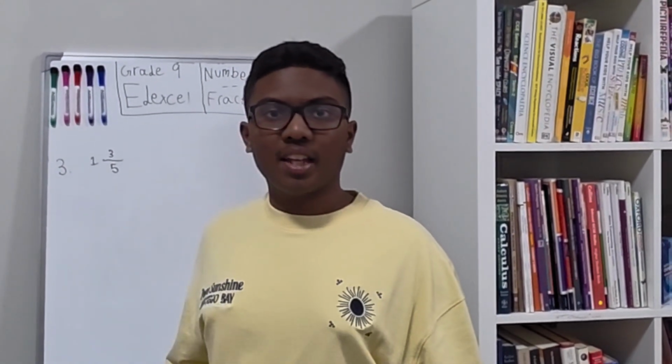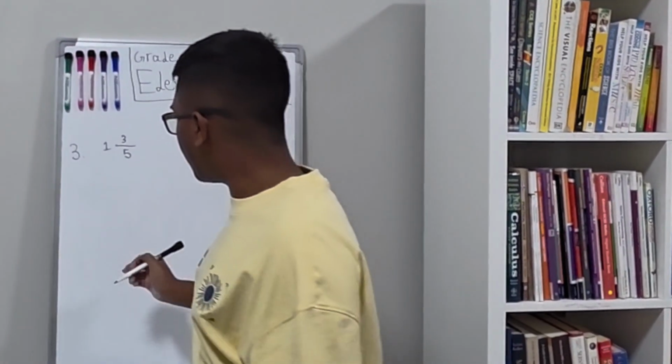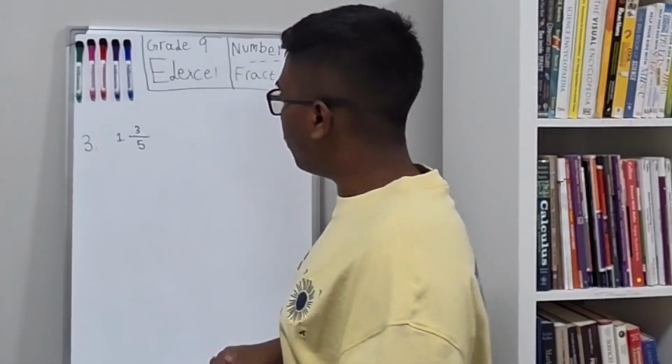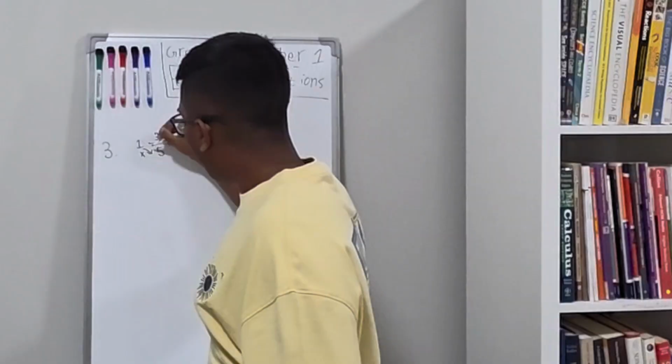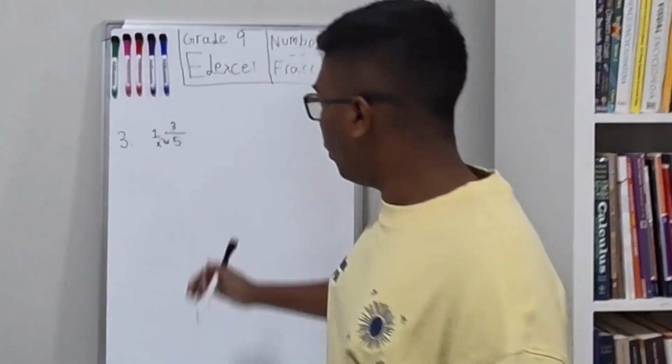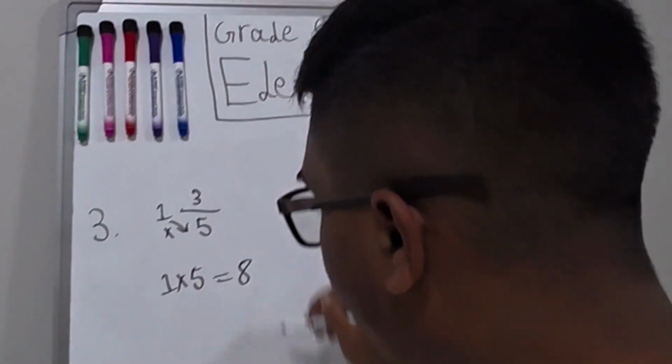Now, an important part about mixed numbers is that they can be converted back into improper fractions, and improper fractions can then also therefore be converted into mixed numbers. Let me show you how. First, what you would do is multiply this value by the denominator. So 1 times 5 equals 5.